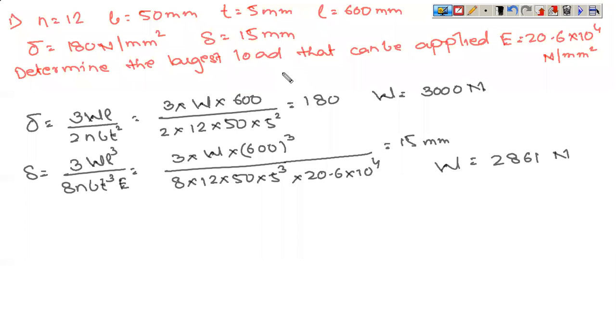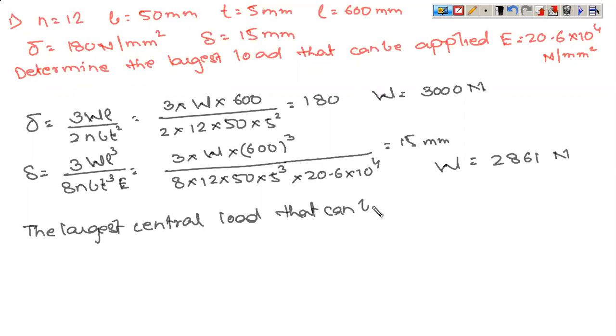So when W can be calculated from stresses and deflection both, you will be calculating W from both the given relationships, and the largest central load that can be applied is equal to 2861 Newton.